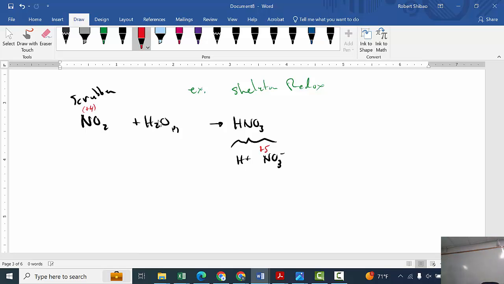And how do you identify skeleton redox? The major product is going to be given in a skeleton redox. No. The amounts, we'll have to balance it.